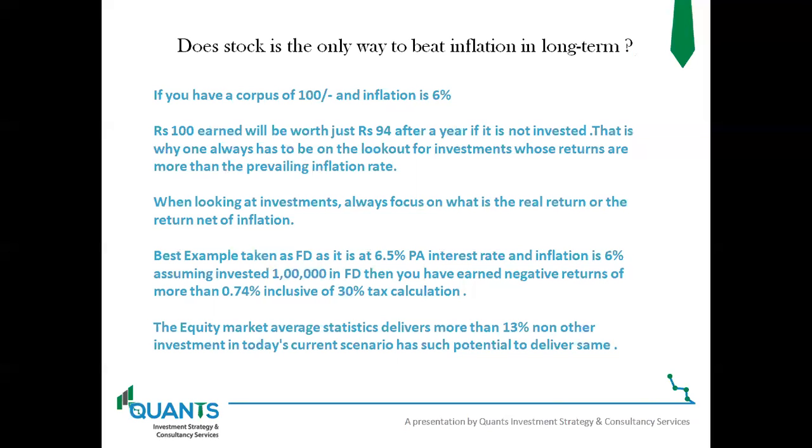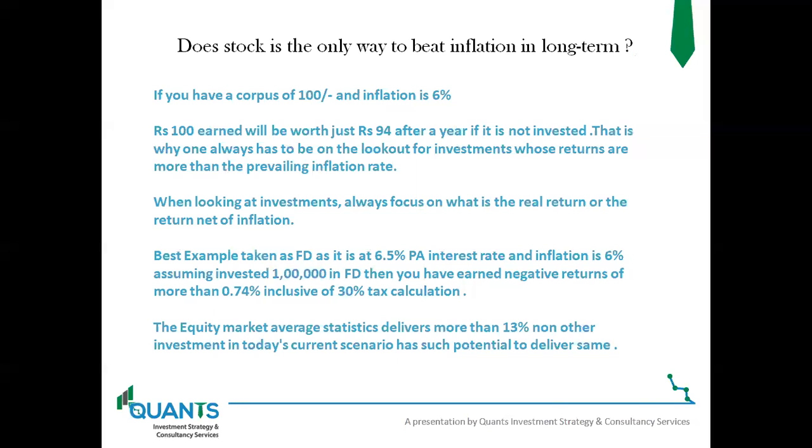If you look at FD returns, it is 6.5%, and 6% is inflation. If I deduct 30% tax from 6.5%, it should be about 5.2, 5.5%. Minus the 6%, it comes to minus 0.74%, inclusive of 30% tax.